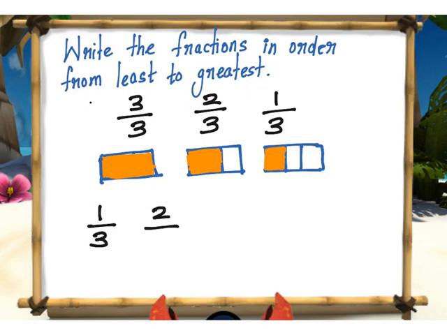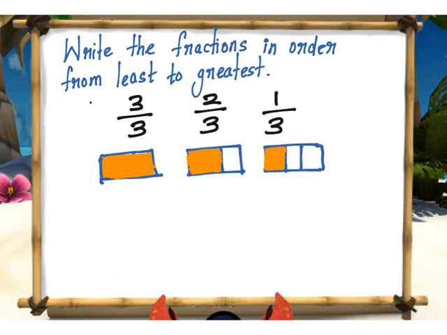So 2 by 3 goes next, and then the next fraction, which is the biggest in size, which is all covered with color, is 3 by 3. So that fraction goes last. So this is the order of fractions from least to greatest.